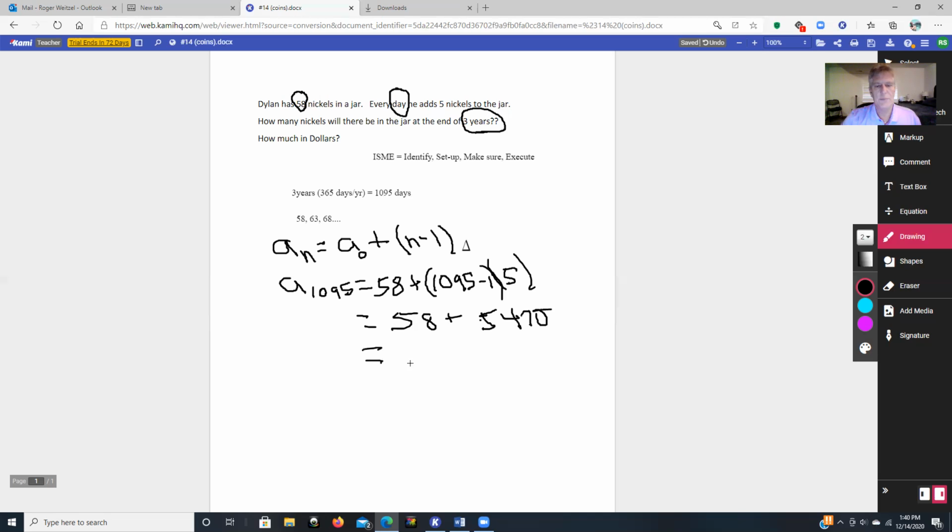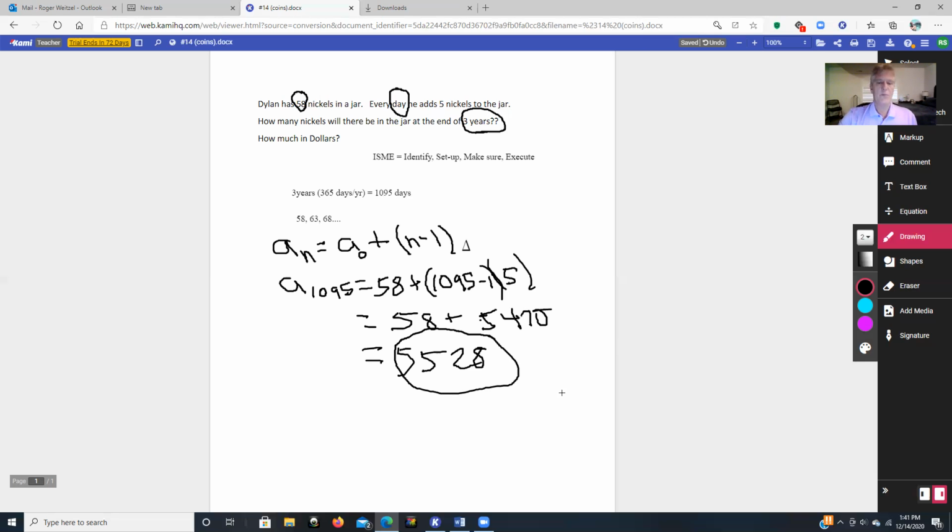So that should be good. All right. I did this from a problem that came from the ACT. This was one of the choices, so you would select that answer.